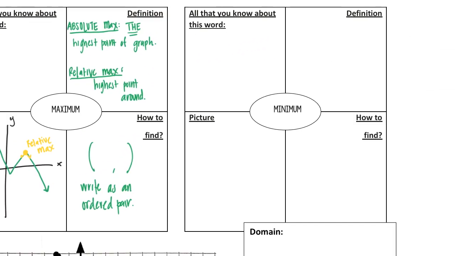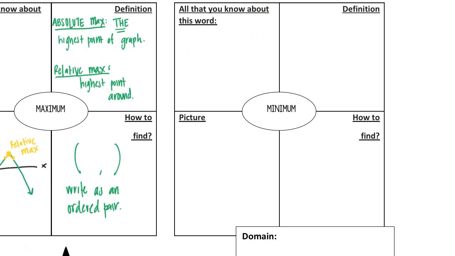Similarly, you can have an absolute and a relative minimum. An absolute min is the lowest point on the graph.